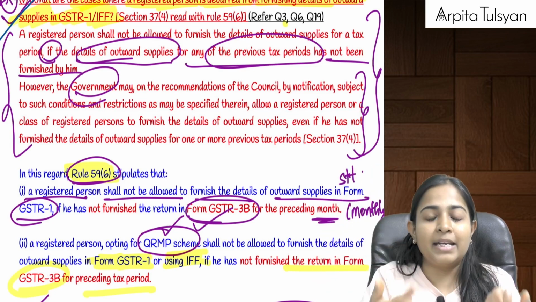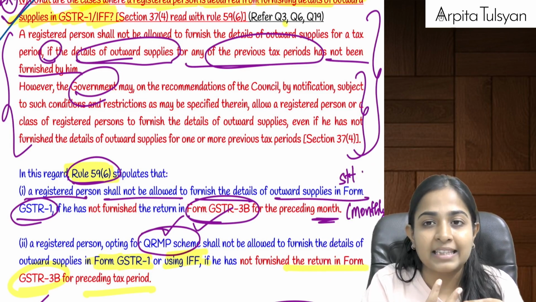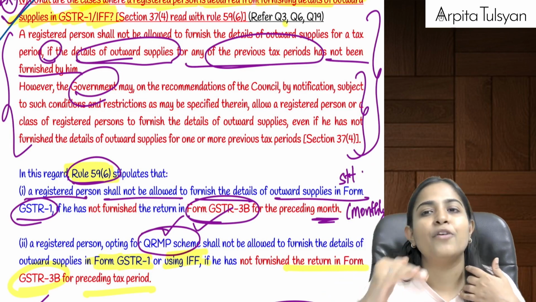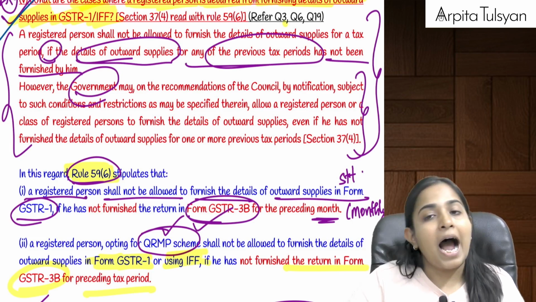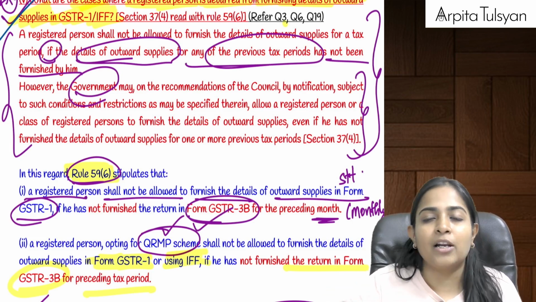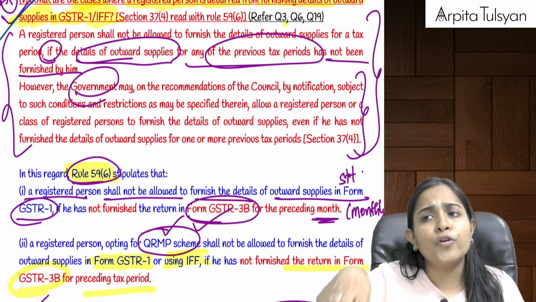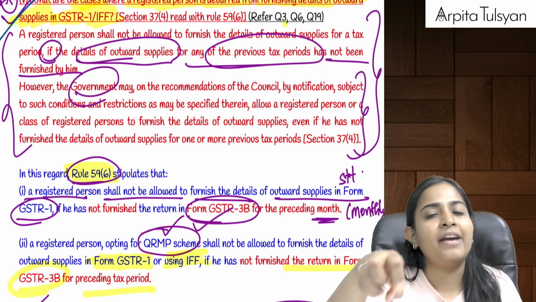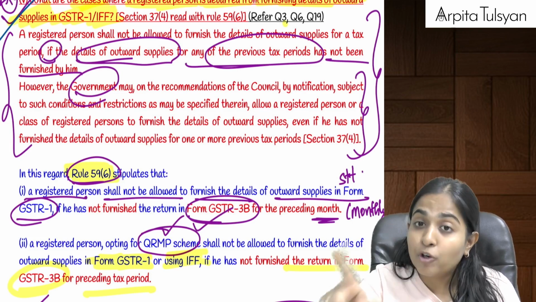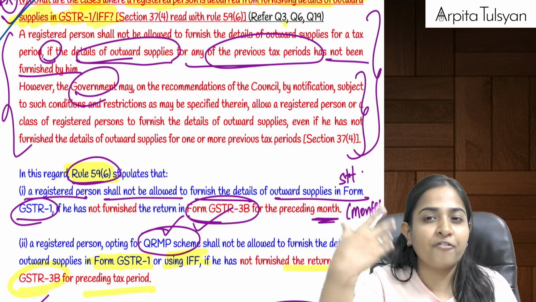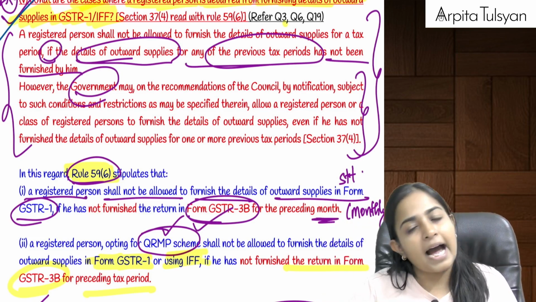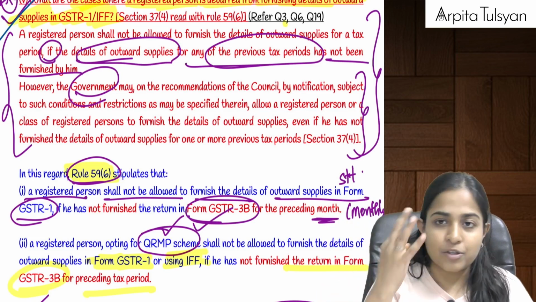But when ultimately you are going to pay the tax in GSTR 3B, at that time you have shown less tax payable. So either you pay the differential tax along with the interest, etc., or you furnish an explanation reply within a period of 7 days. If not done, then you are debarred from filing your GSTR 1 or IFF. That was the third condition.